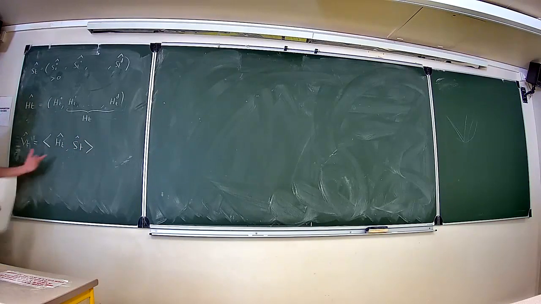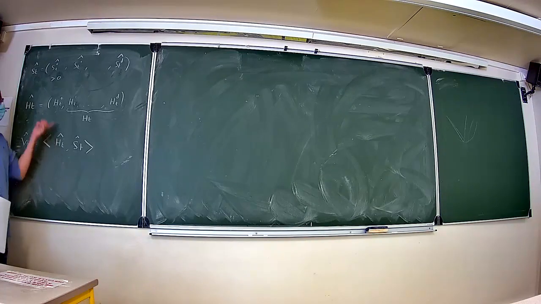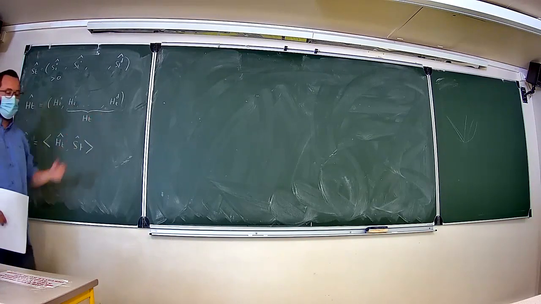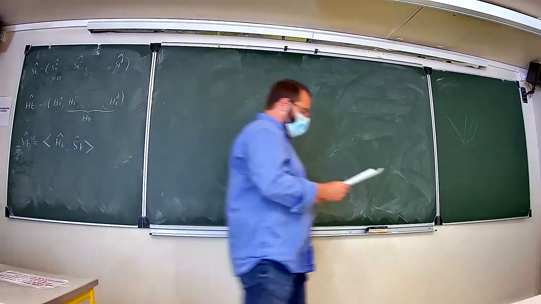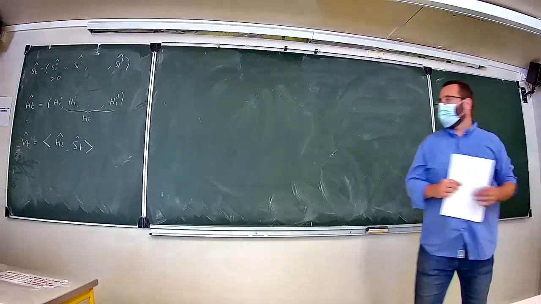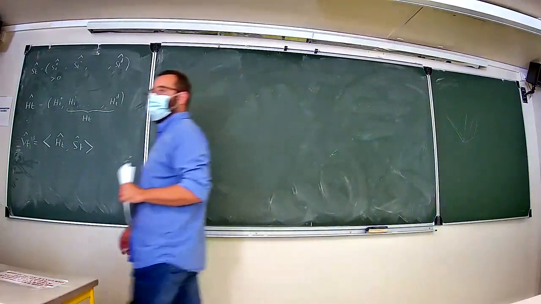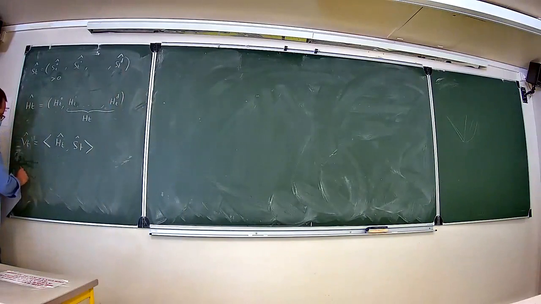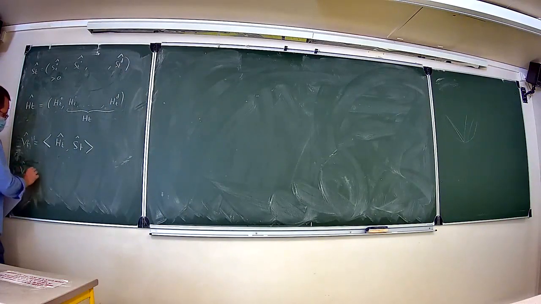So I have a sum here, a sum over d plus 1 components. And I have denoted by V_0 the initial investment.